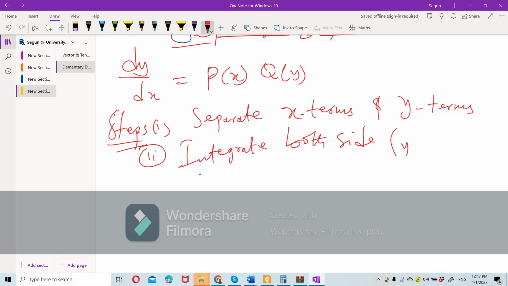That is the y term dy equals the x term dx plus c.